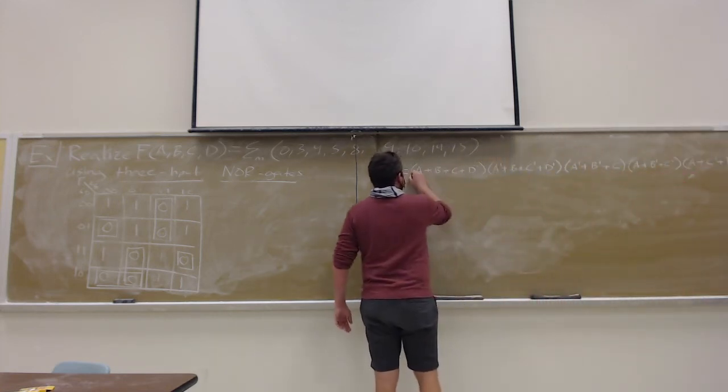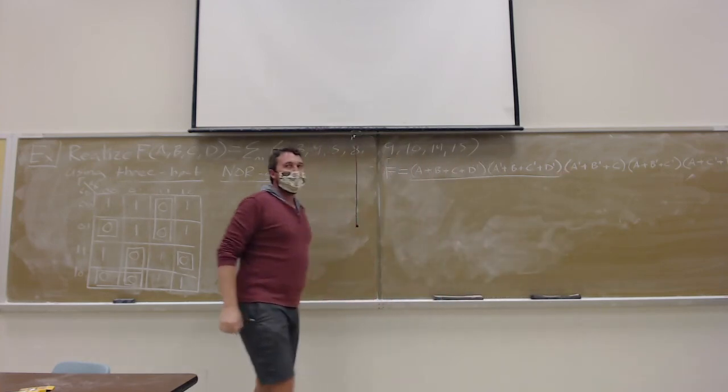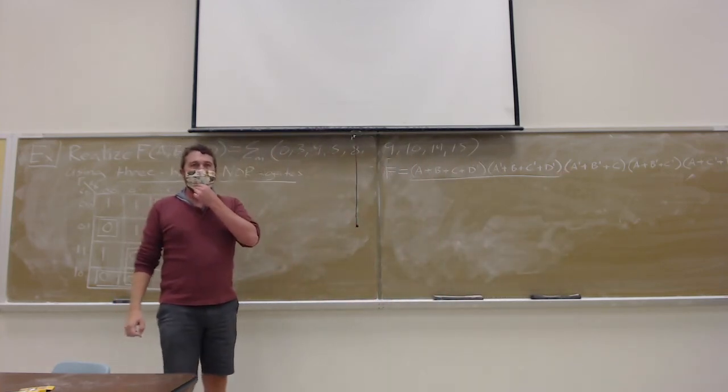The first one that immediately jumps to mind should be these 2, right? Because they're both 4 input OR gates. We got to bring them down to something. So what do we do?